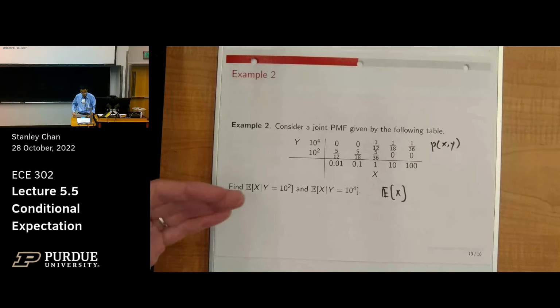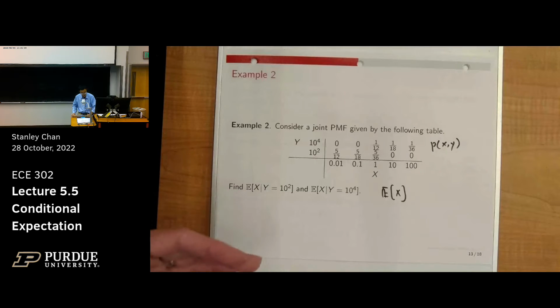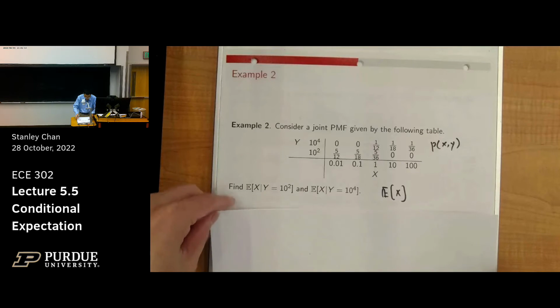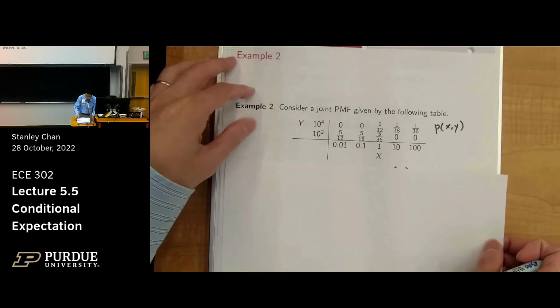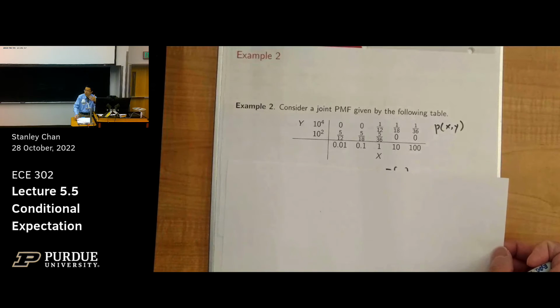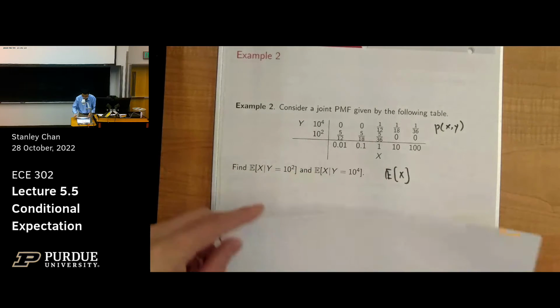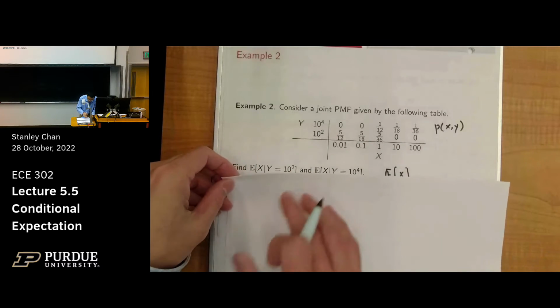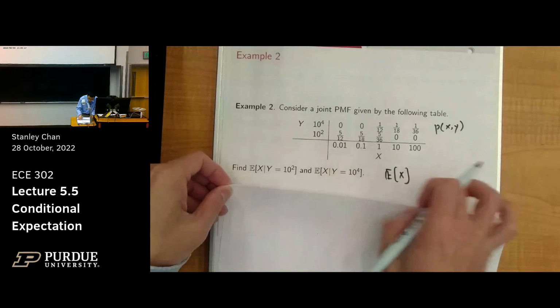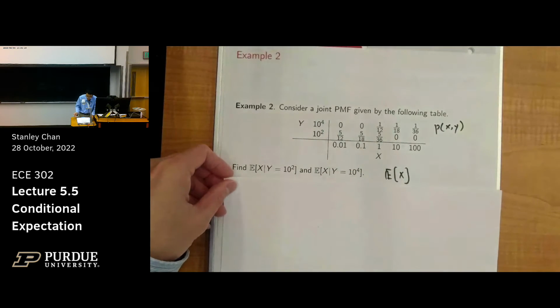But I want to demonstrate in this example how we use the conditional expectation to do the calculation. So how should we do it? Well, it's a longer path, but it's really for the purpose of education. If you are given this problem, just calculate the marginal, you can get the result. So how do we calculate these two expectations?